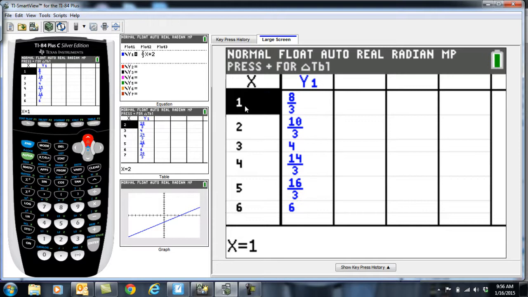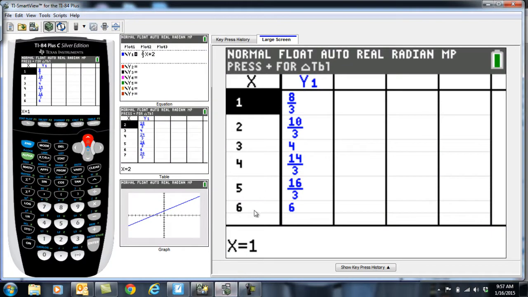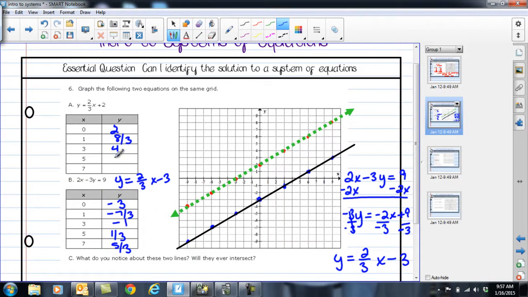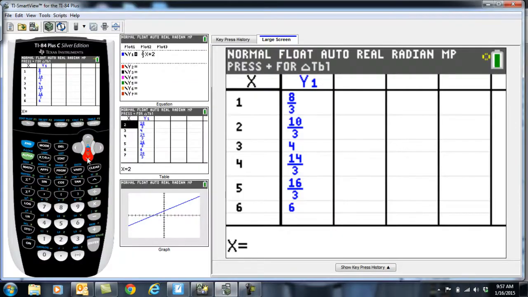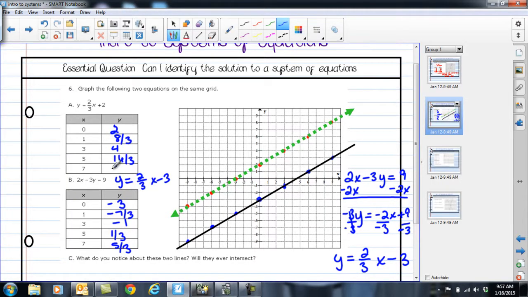And so I can see that when x is 1, y was 8/3. When x was 5, y was 16/3. And then when x was 7, I have to go down here, y was 20/3.